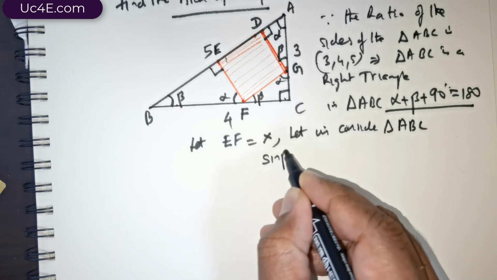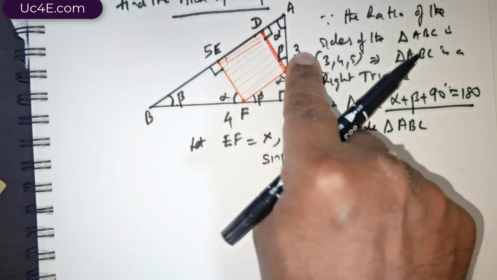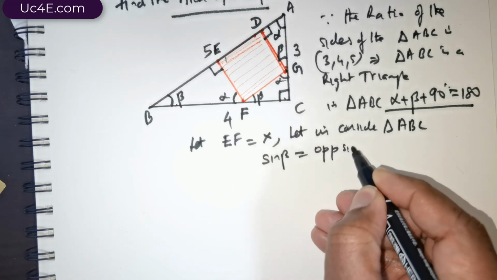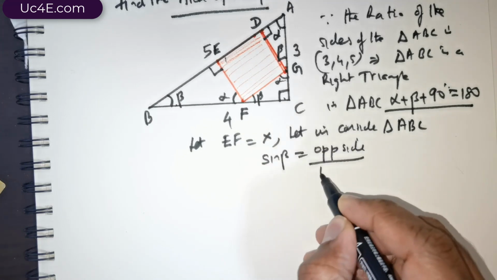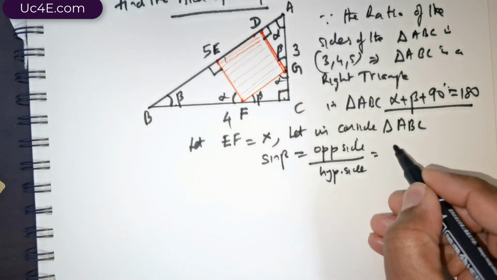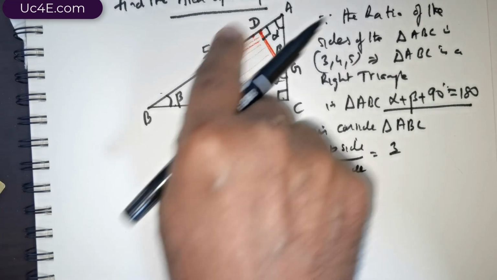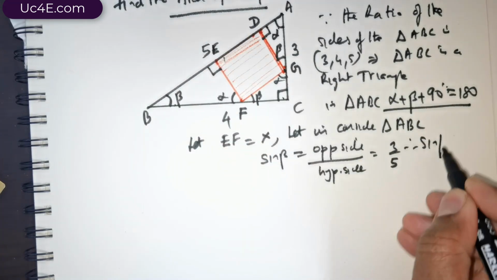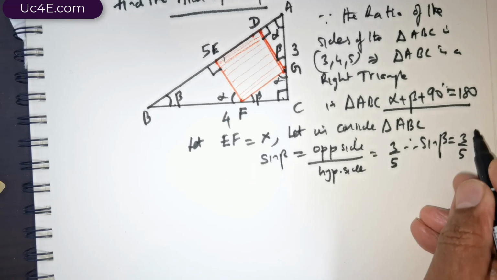What is sine beta? Sine beta is nothing but opposite side by hypotenuse. Sine beta, let me write that down. Opposite side. I'm using trigonometry to solve this. Opposite side by hypotenuse side. My opposite side is 3. My hypotenuse side is 5. So 3 over 5. So therefore, sine beta is 3 over 5.